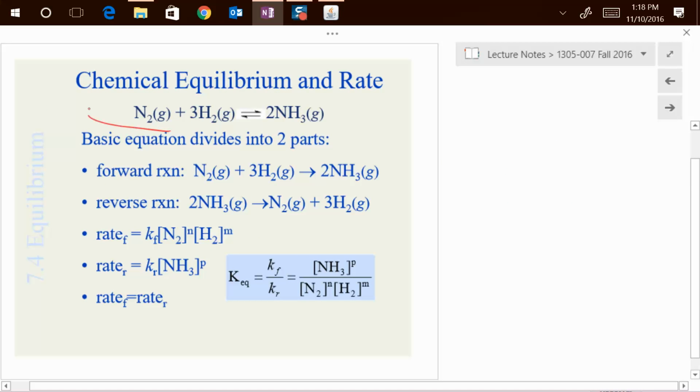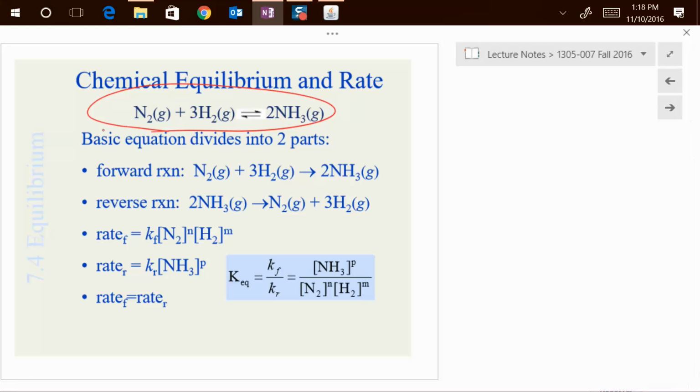So here's my reaction. I want to write the rate equation for it. So you can see here that the rate constant for the forward reaction divided by the rate constant for the reverse reaction would give us the products over the reactants, and that's how we get this for the KEQ, which is the equilibrium constant.